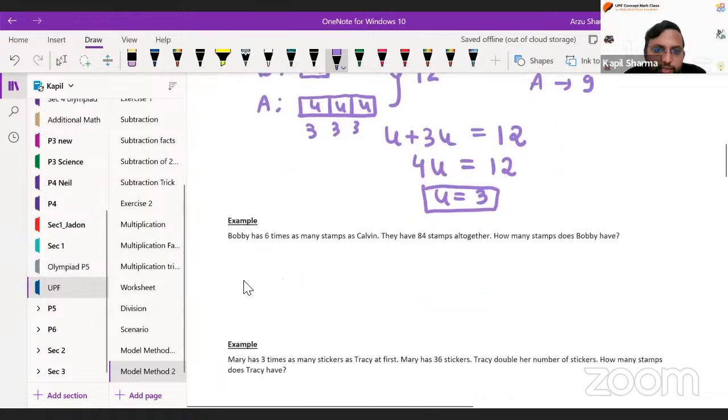Okay, now let's try this one. So you guys try it. Try to use models here.